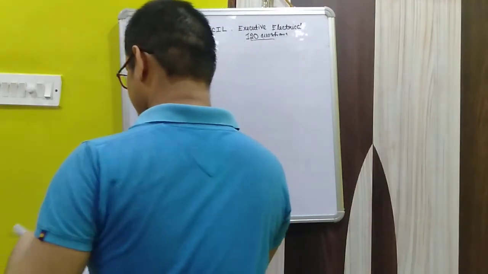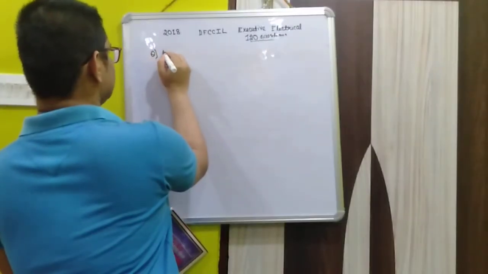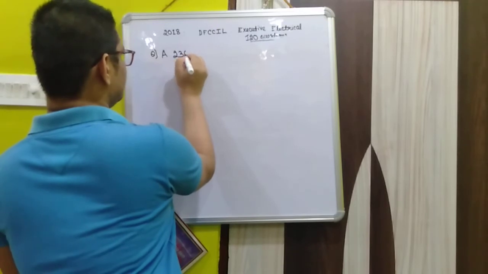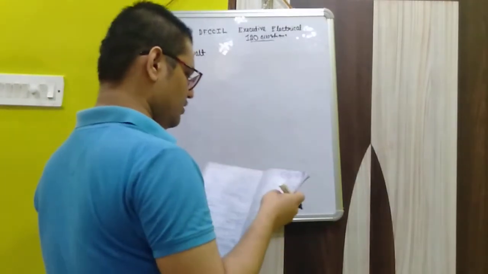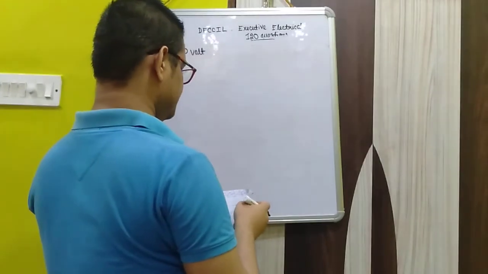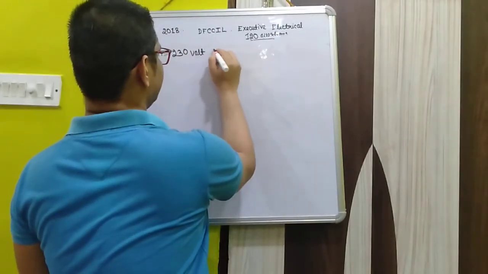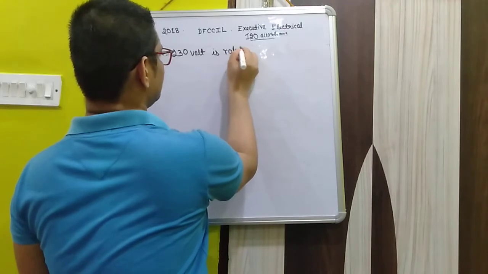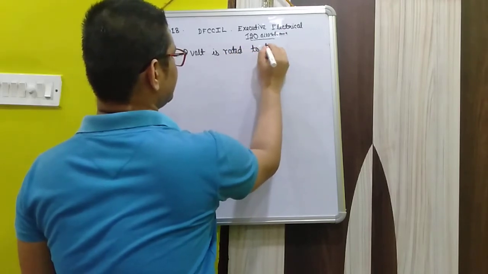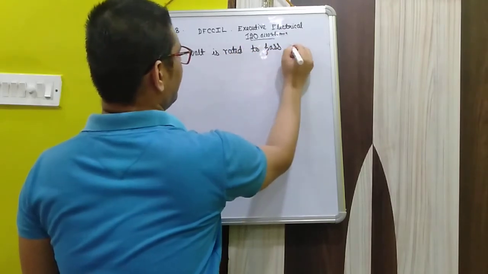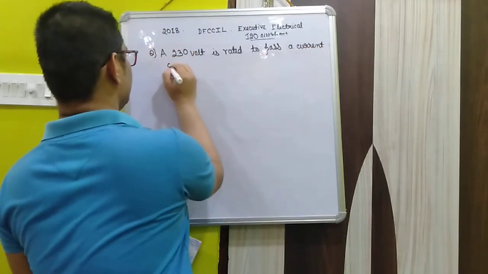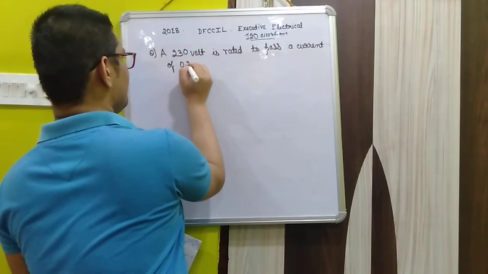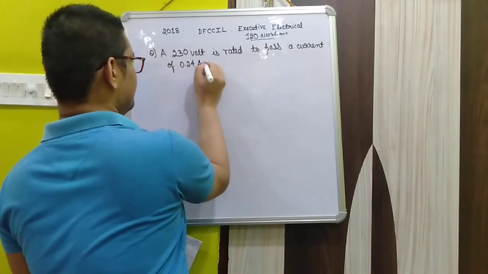So the third numerical is given. I'm writing the question over here. A 230 volt lamp is rated to pass a current of 0.24 ampere.